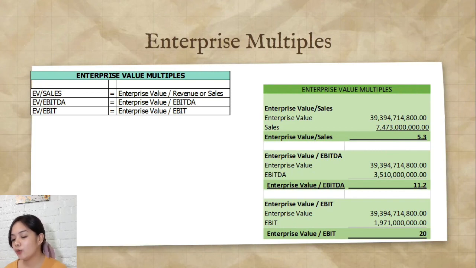Lastly, we have our enterprise value over EBIT. The formula for this is the enterprise value over EBIT. We have the enterprise value of 39,394,714,800 pesos over our EBIT of 1,971,000,000. This will give us a total of 20 enterprise value to EBIT.